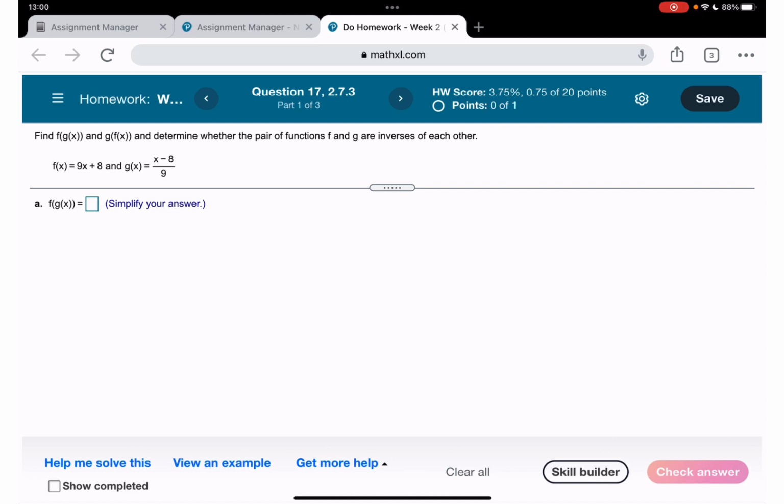Inverse means when we replace x and y and solve for x. For example, let's do it on this one. We have here 9x plus 8, and we have x minus 8 over 9. We need to find out if they are inverses of each other.